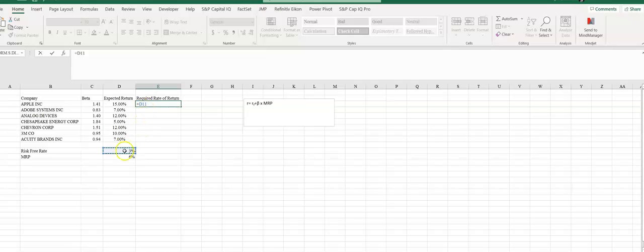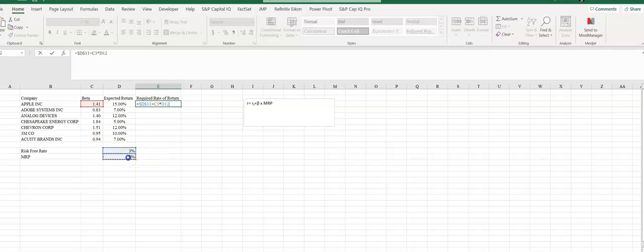We could either keep them in here and simply fix this by using F4. Plus, we are going to take the company beta, which is, for instance, for Apple 1.41, times the market risk premium. Again, it is going to be the same for all companies.